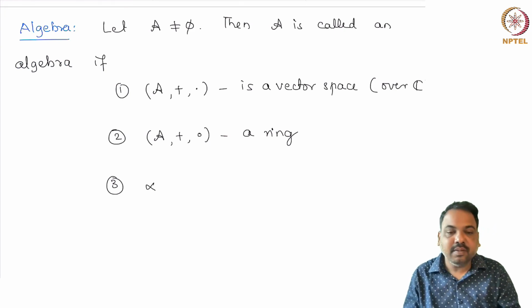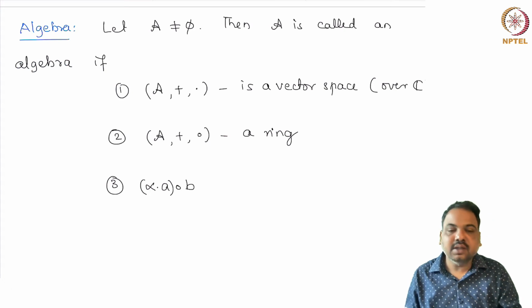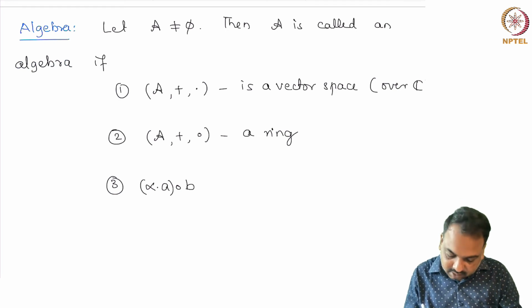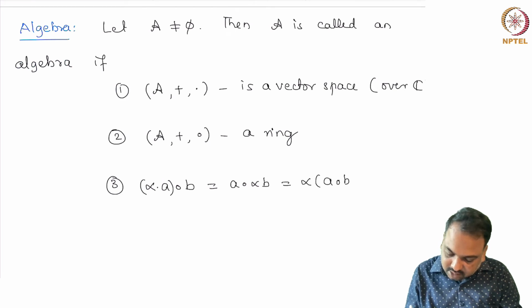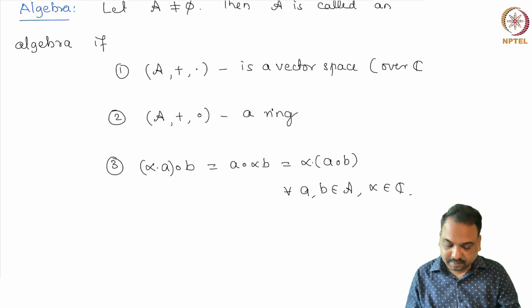If you take a scalar alpha dot A, this is one element in A, and another element B, and take the multiplication of these two elements, (alpha A) circle B should be A circle (alpha B), and this is nothing but alpha times (A circle B) for all A, B in A, alpha in C.